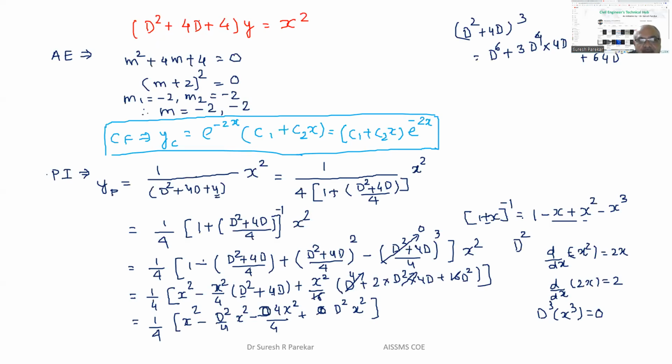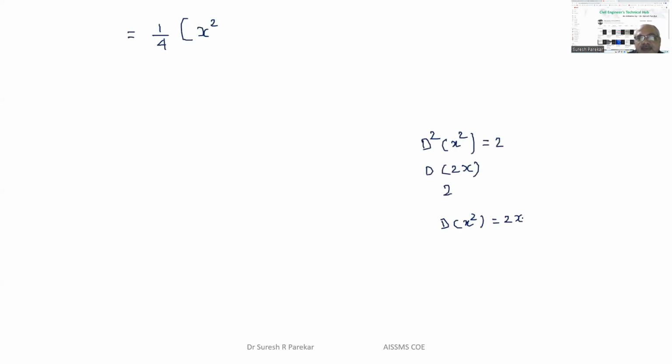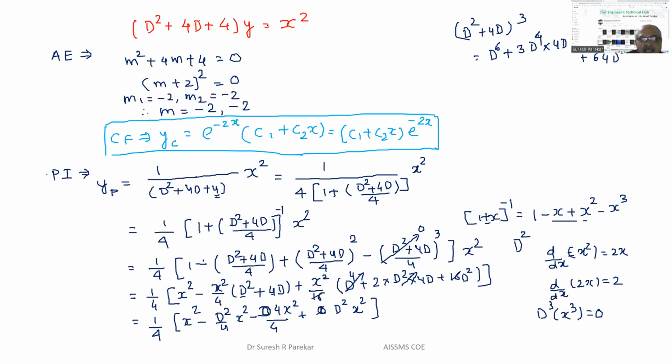So we have D square upon 4 x square. This value becomes D square x square is 2. So we have minus 2 upon 4. Then next, minus D of 4x square upon 4. D of x square is 2x.